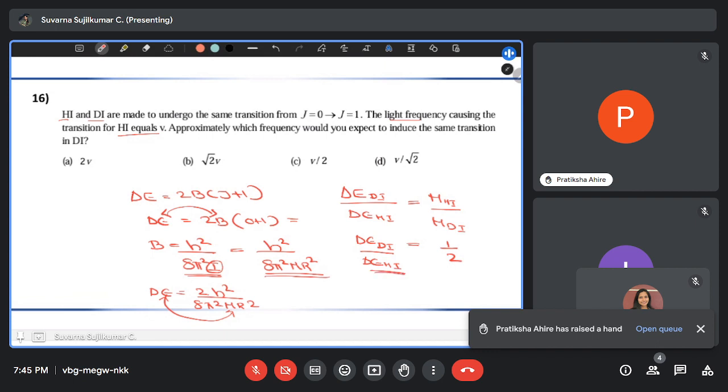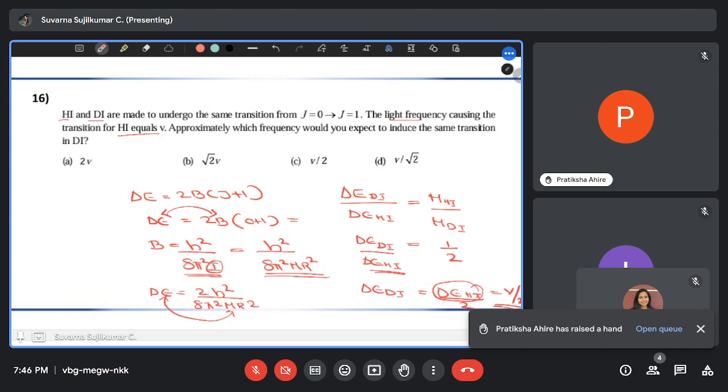So the approximate frequency that we can expect for the same transition for DI will be V by 2, as this value is given as V here.